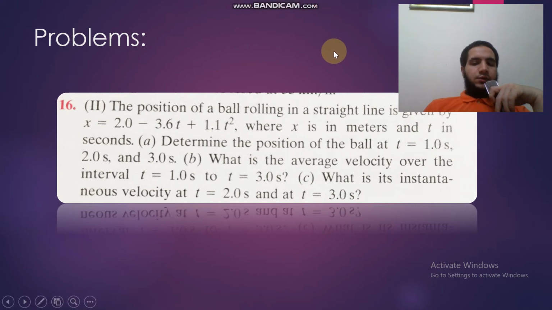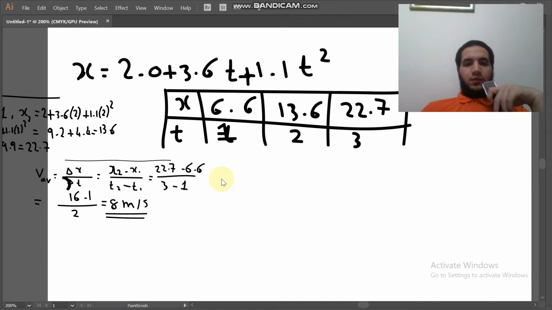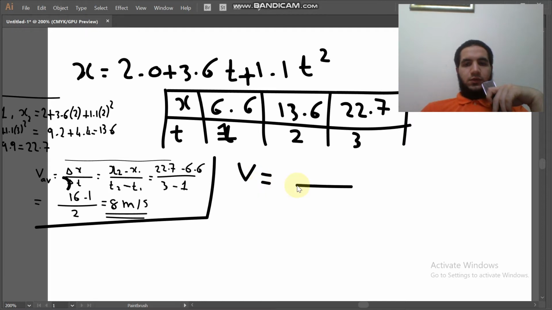And also at t equals 3. So we know that the instantaneous velocity is the derivative of x by t. So we will say that v equals dx by dt.